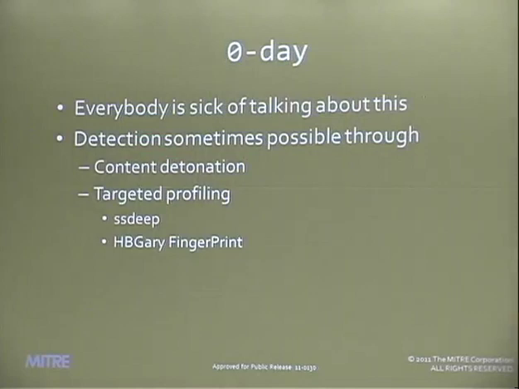In your industry, in your organization, you need to know how you're being targeted. So you need to start looking and amassing intelligence so that you know what looks suspicious to your organization. You can do so by using things like SSDeep and HB Gary's tool Fingerprint and building your own database of files that are coming into your organization so you can start looking for those deviations.